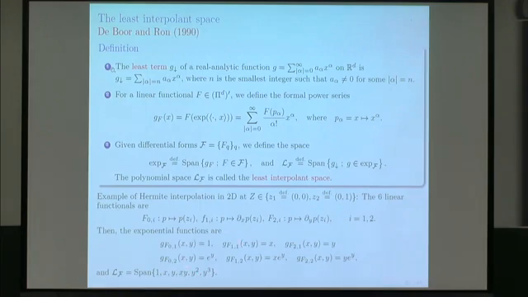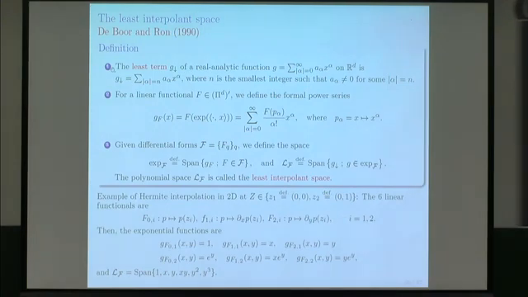To work out this space, the way to do it is simply to write down all these as a Vandermonde matrix, then do Gaussian elimination, and take the least terms that you get out of your Gaussian elimination matrix.